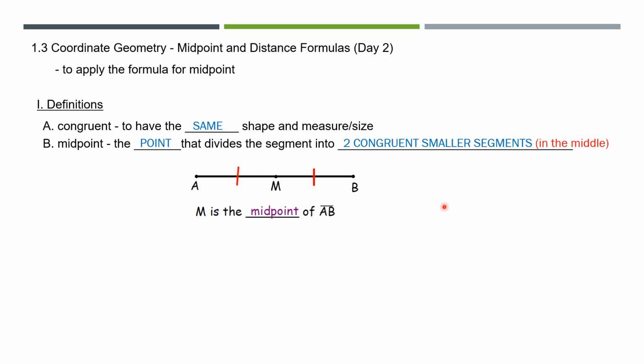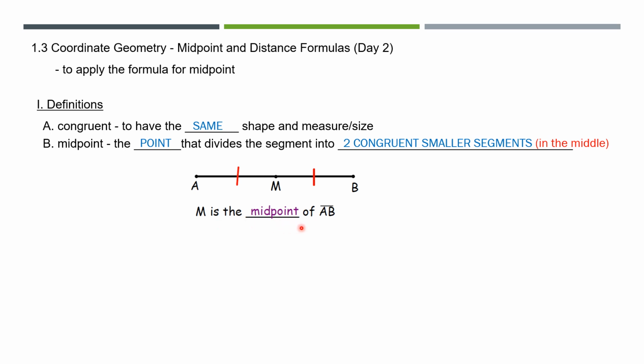Since geometry is all about logic, order and process, then we have to know what else goes along with these two statements. So we're going to start at the top and think about this as a progression. So you're shown it's a midpoint in a picture, so you're going to say it's a midpoint.